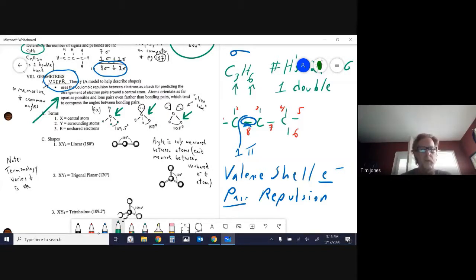In the case of the triangular pyramidal, we have 1, 2, 3 atoms and a lone pair. And in bent, we have 2 joining atoms and 2 lone pairs. I made a note, some people call this the alien lobe for the unshared pair because it kind of looks like a little alien head. So if you hear me mention that in class, that's what I'm talking about.